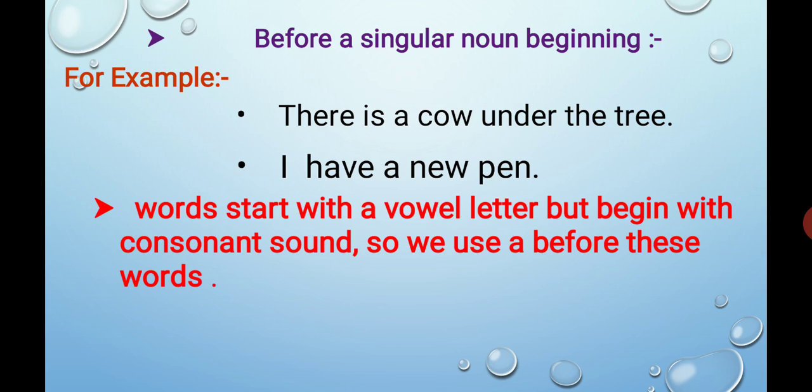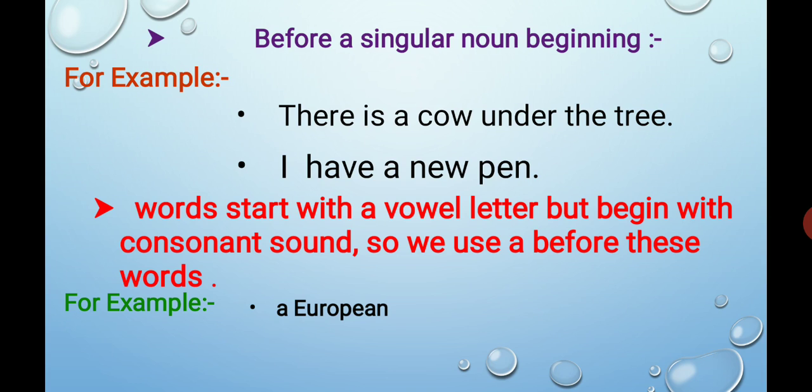Vowels, but whose pronunciation starts with a consonant sound. At that time, we use a before that type of word. Do you know which words they are? Let's see in examples.